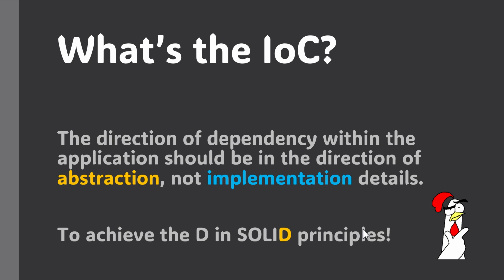It says the direction of dependencies in applications should be toward abstractions, not implementation details. What does it mean? Every class that has a dependency on another class should always depend on high-level signatures or contracts, like interfaces or classes, not on a low-level implementation.